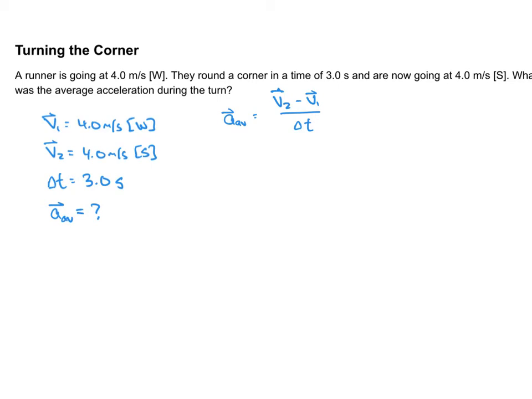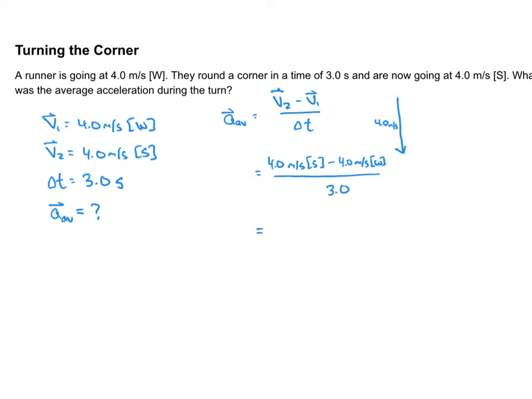So I'm going to start by drawing 4 meters per second south. That's v2. And then it's going to be minus, here, let me, this is the equation we're looking at.